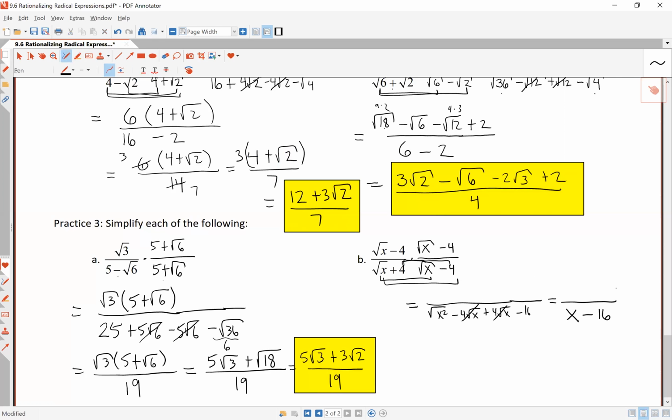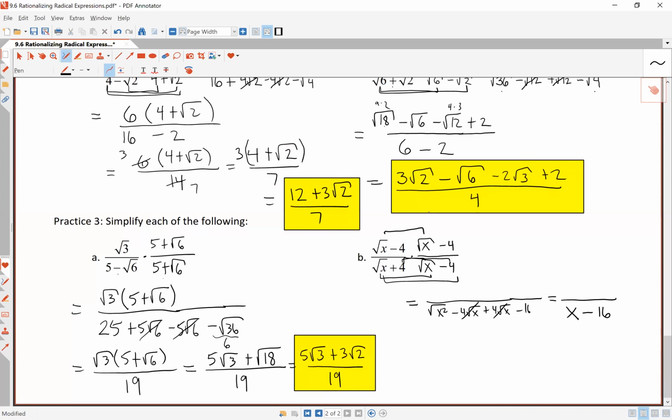The numerator is going to be square root of x times square root of x, which is square root of x squared, minus 4 square root of x, minus another 4 square root of x.